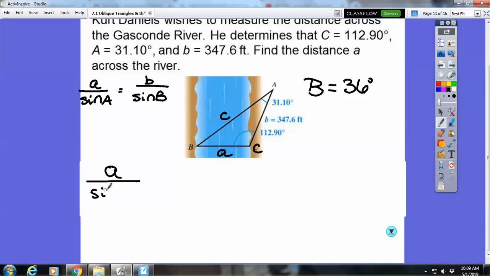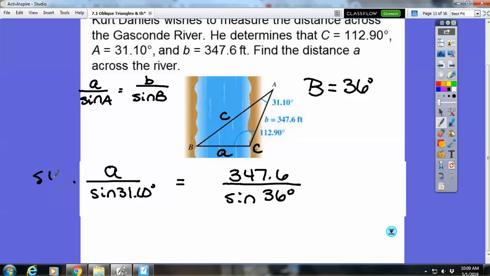We have A over the sine of 31.10 equals B, 347.6 over the sine of B. So we're going to multiply our sine over and just plug that in our calculator.